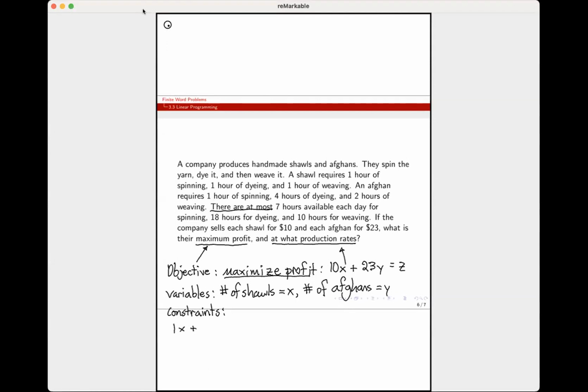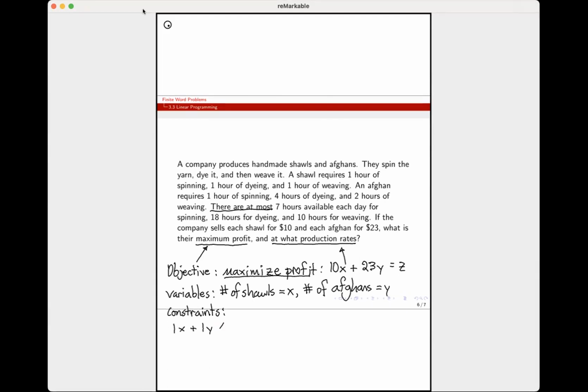And then let's see, how many hours do we need for afghans? An afghan requires 1 hour of spinning as well. So 1 times the number of afghans. That should give us the total number of hours for spinning for the shawls and afghans put together. And we're told that we only have 7 hours available.